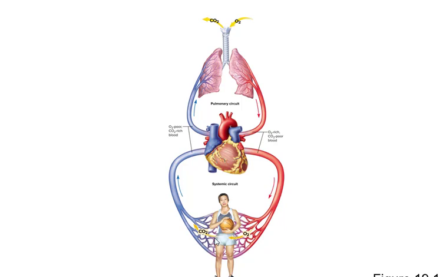And then the oxygen depleted blood comes back, goes to the lungs, gets oxygenated, comes back as nice red oxygenated blood, and is pumped throughout the body. So this is kind of a schematic telling you what's going on. We're going to learn about the plumbing and all kinds of stuff. But that's what's going on here. Trying to tell you that there's two halves of the heart doing two different things.